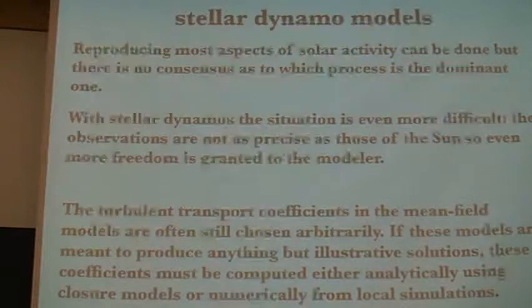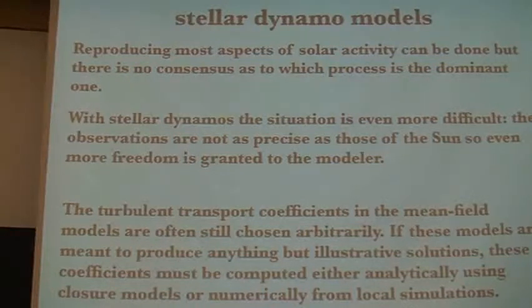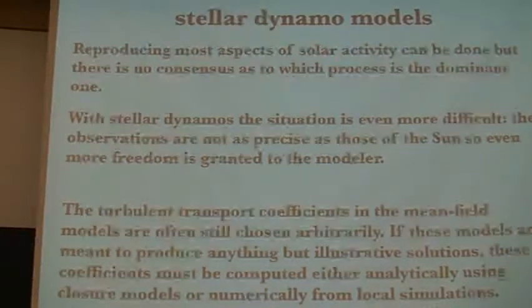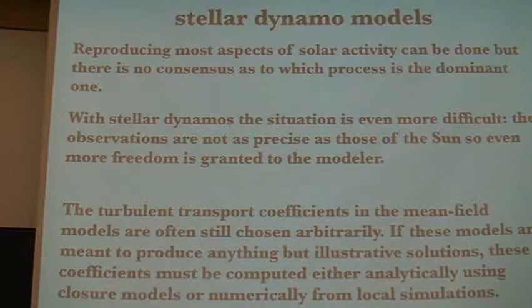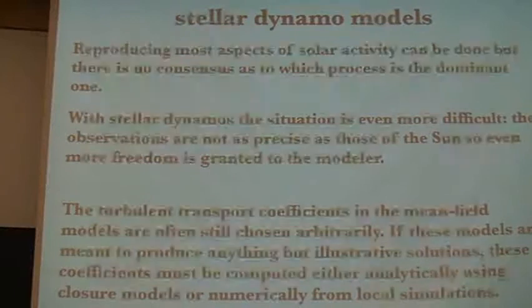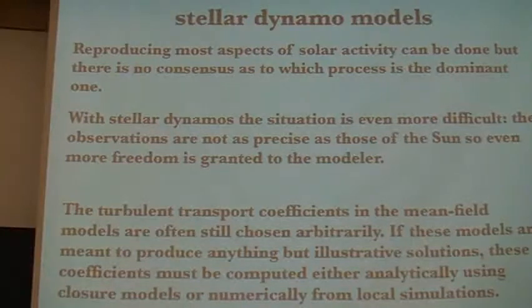The second statement is in the case of the models where you're basing your alpha effect on the rising and twisting of the strong flux tubes. You have this same problem because, of course, you will automatically produce an oppositely signed twist in the flux tube when it rises to produce the alpha.